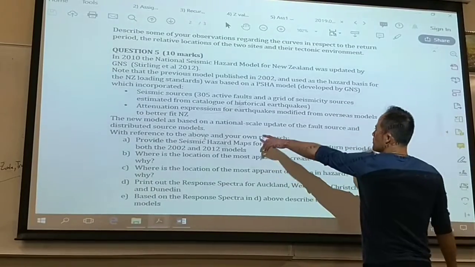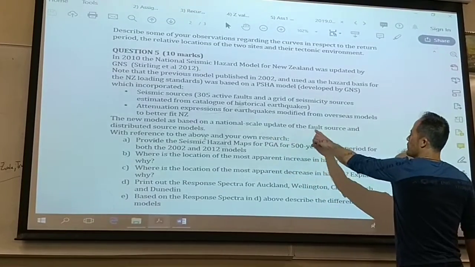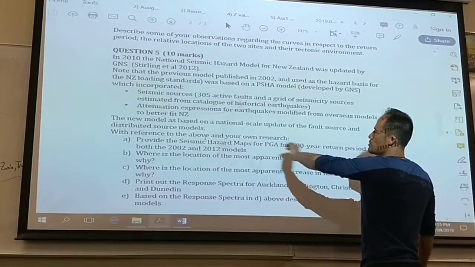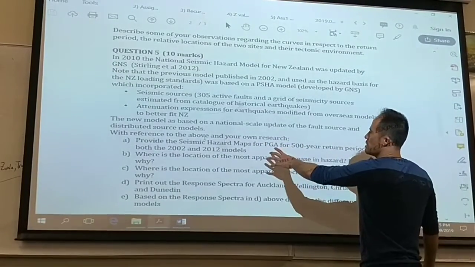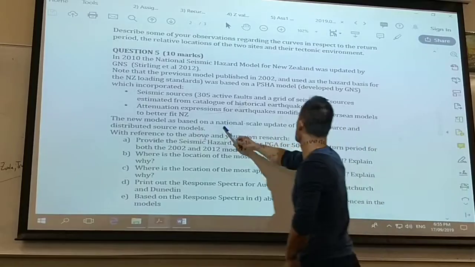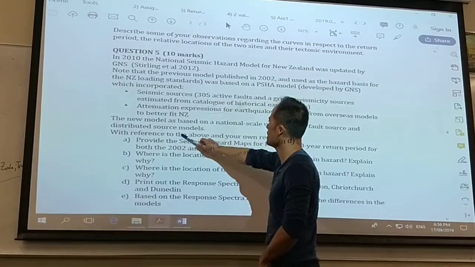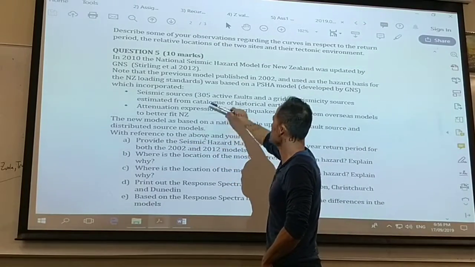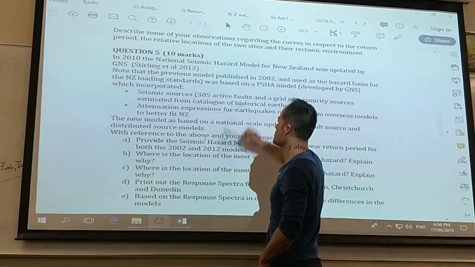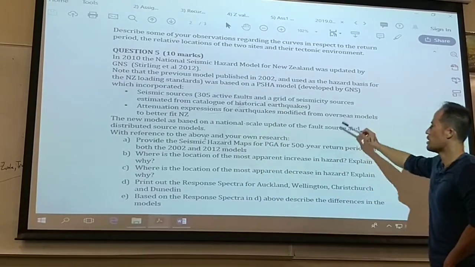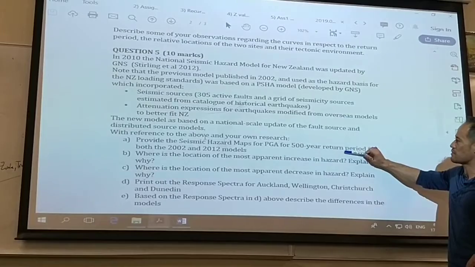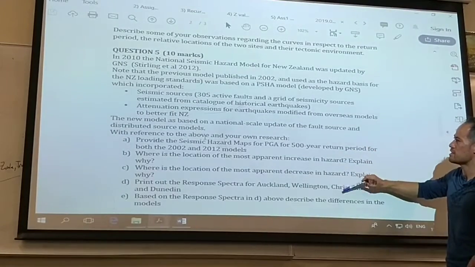So the new model was based on a national scale update of the fault sources and distributed models. That just gives you a bit of background into the two models. So with reference to the above and your own research, I want you to come up with some answers here.